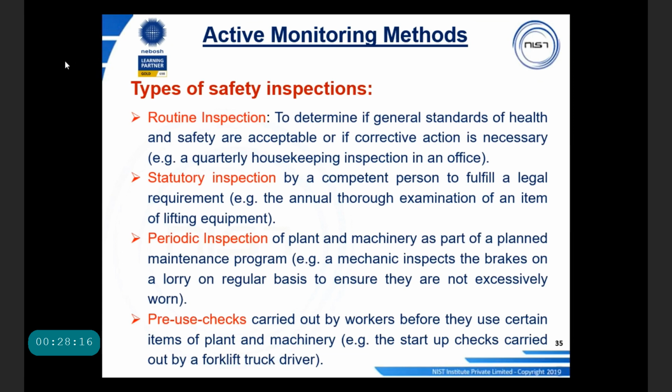Third one, periodic inspection of a plant and machinery as part of a plant maintenance program. Example, a mechanic inspects the brake on a lorry on a regular basis to ensure they are not excessively worn out. Pre-use checks carried out by workers before they use certain items of plant and machinery. Example, the startup checks carried out by a forklift truck driver.